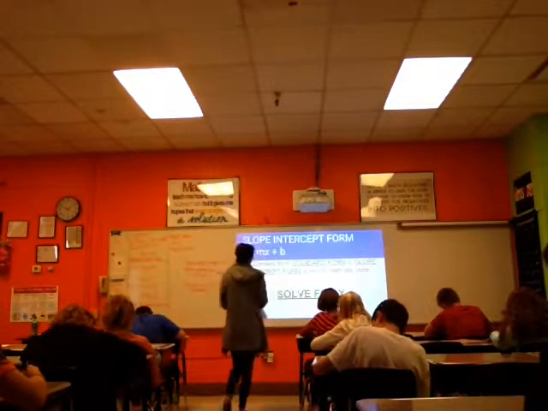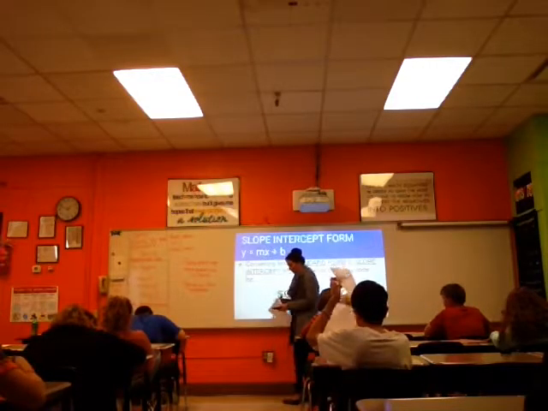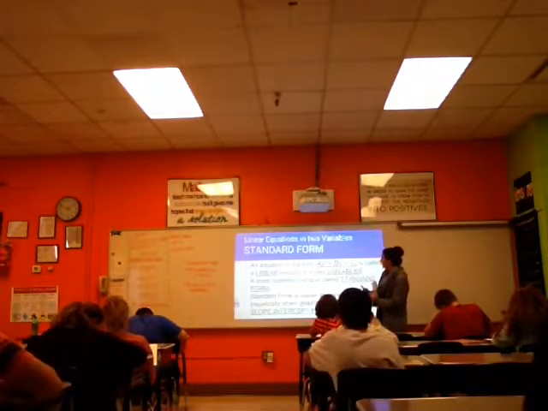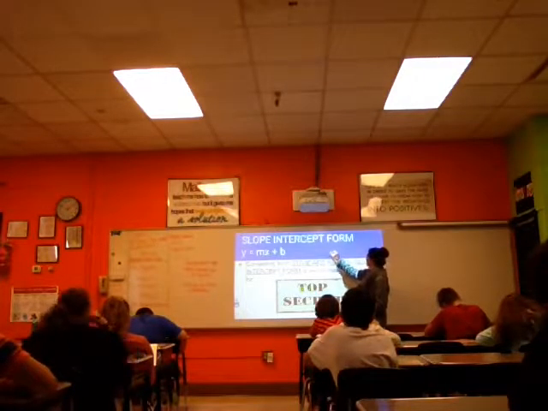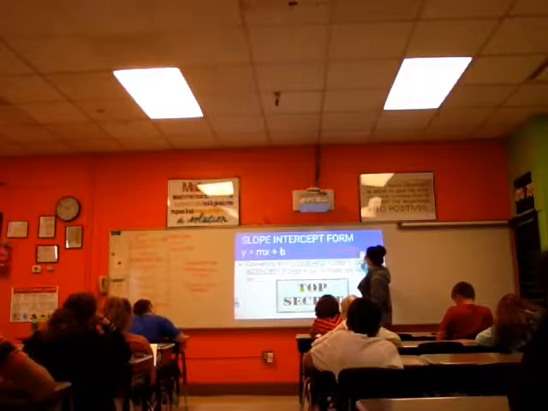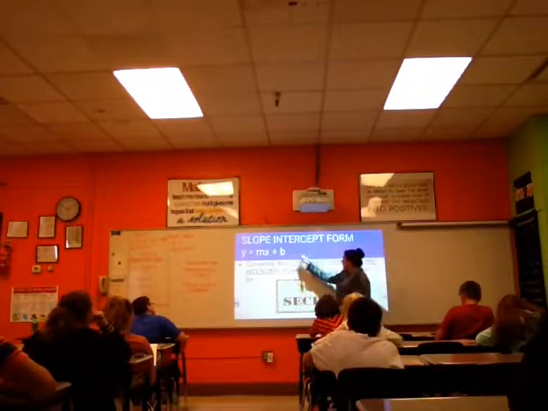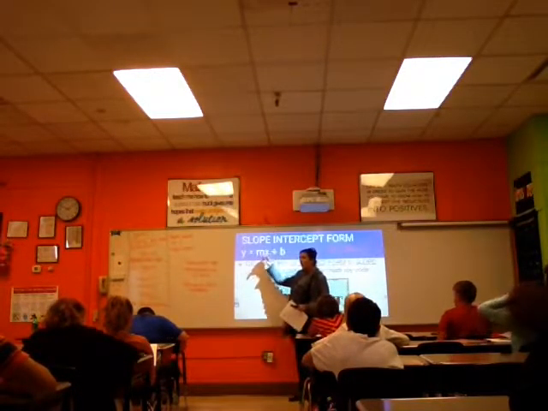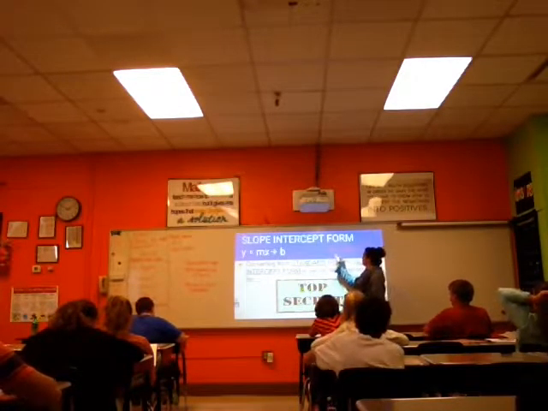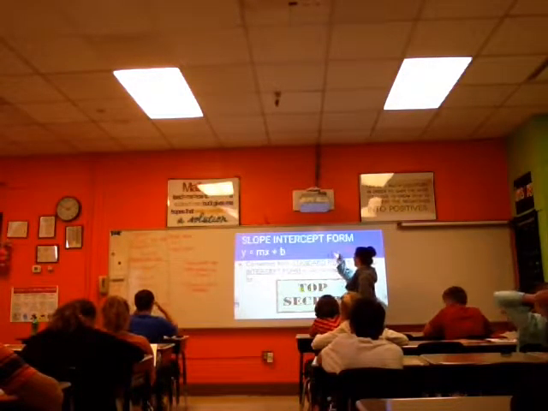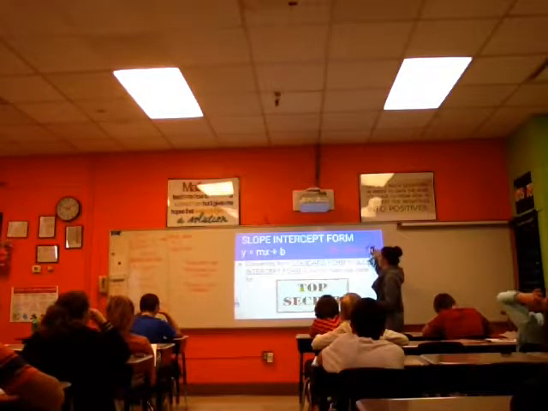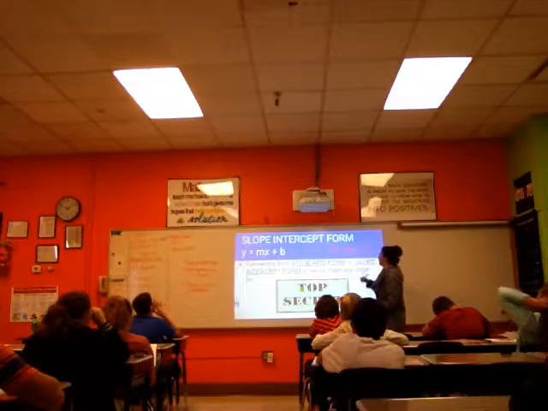Okay? Now, I'm going to go back and show you something. Our equation ax plus by equals c, that's standard form. And if you look here, they don't use the same letters. So if I were just to rewrite this, this would be mx plus b, and this one would still be the same.